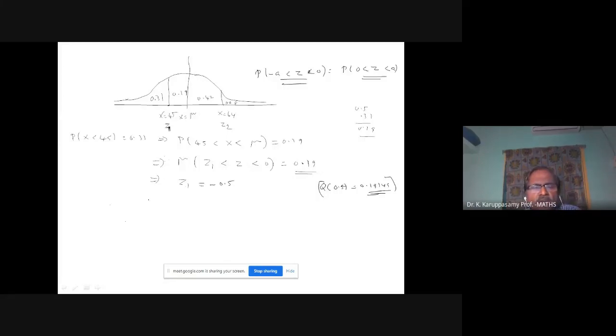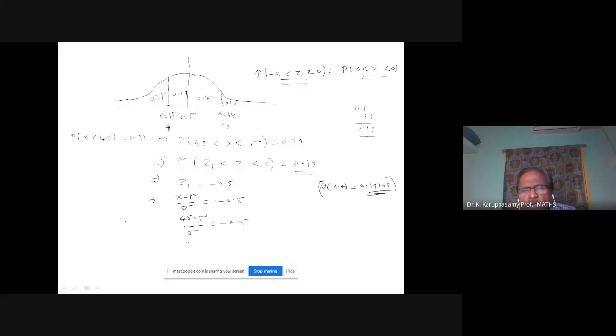So your Z1 formula is X minus mu by sigma. In this formula, the X value corresponding to Z1 is 45. 45 minus mu divided by sigma. Once again, I repeat, the X corresponding to Z1 is 45. Now you simplify and you get one equation.